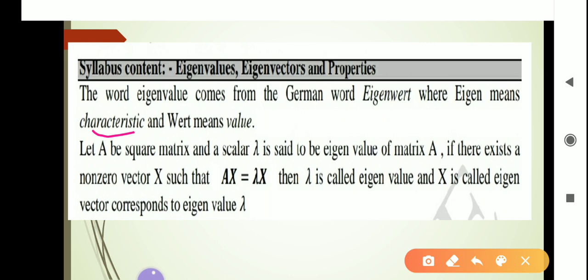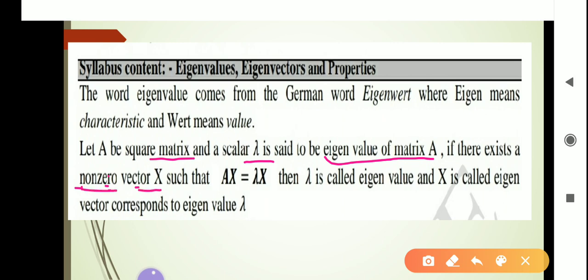Suppose A is a square matrix, and a scalar lambda is said to be an eigenvalue of matrix A if there exists a non-zero vector x. This is very important.